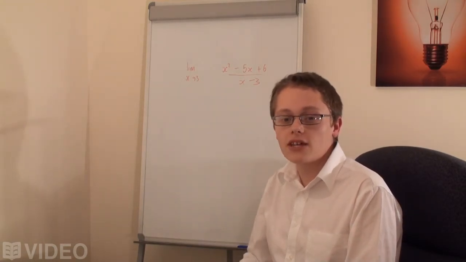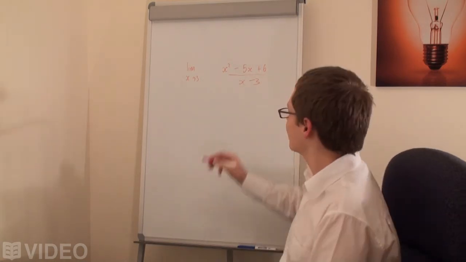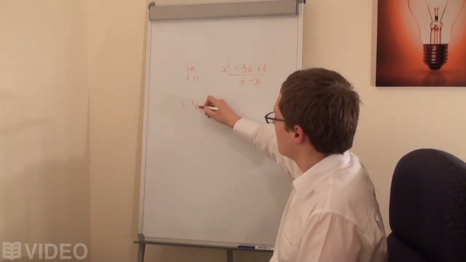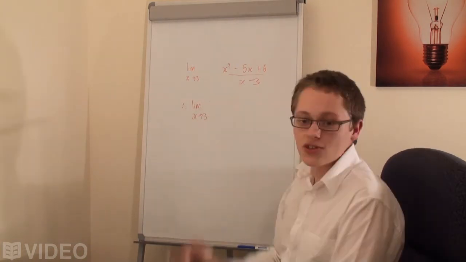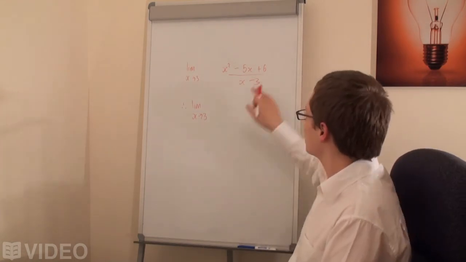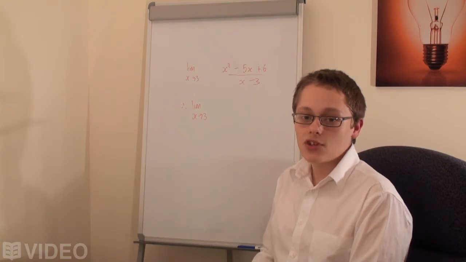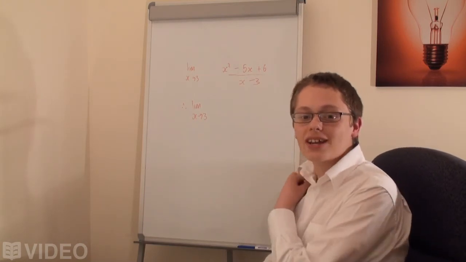And when we have a denominator of 0, the entire function is undefined. So what we do is we factorise the numerator. For the purpose of this video, I'm going to assume you know how to factorise an expression like that. If you don't know, you can always use the quadratic equation.